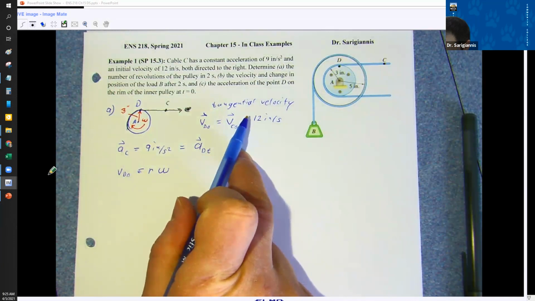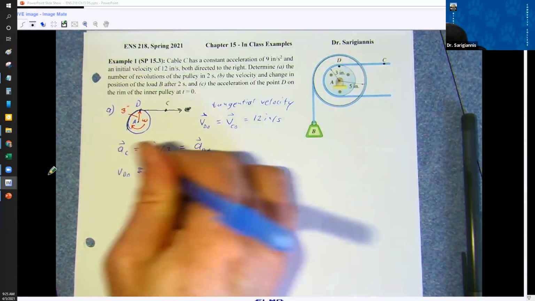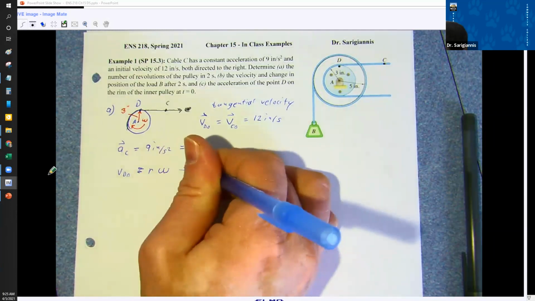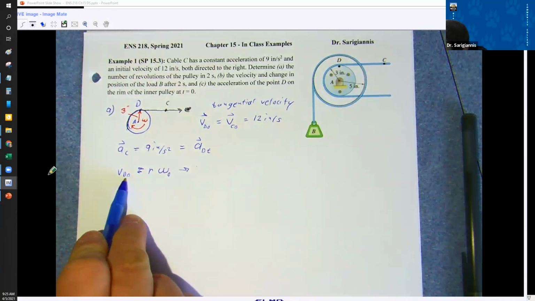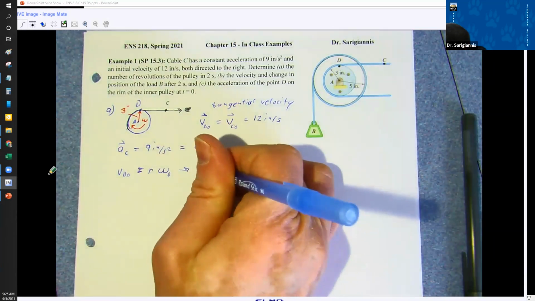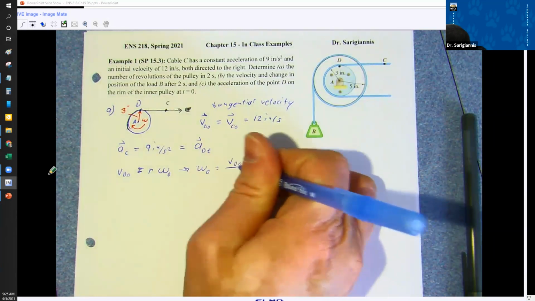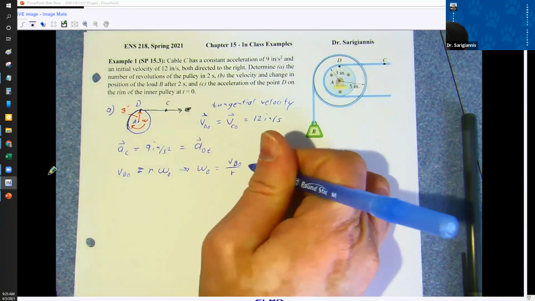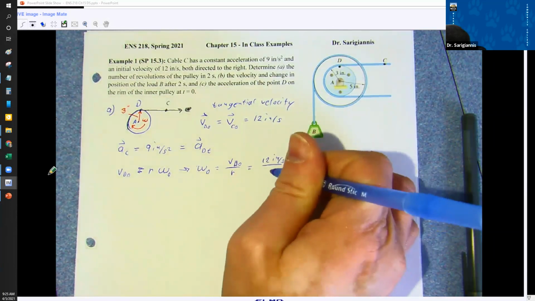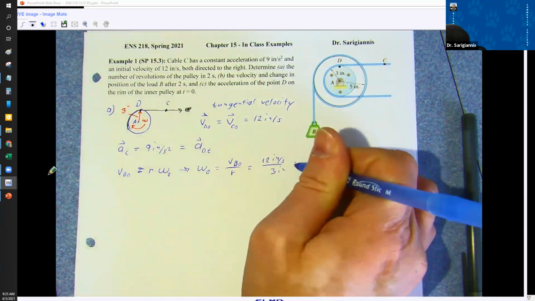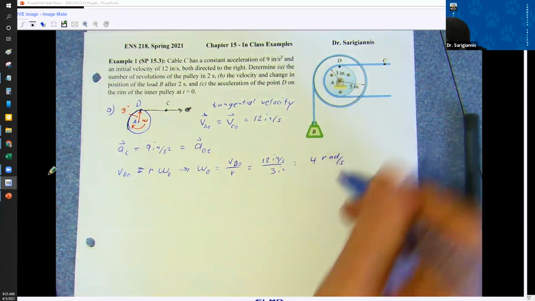We're going to find omega, so I should put omega naught here. This is the initial velocity, right? So we've got omega naught is equal to v D naught over r. This is AD. This gives us 4 radians per second.